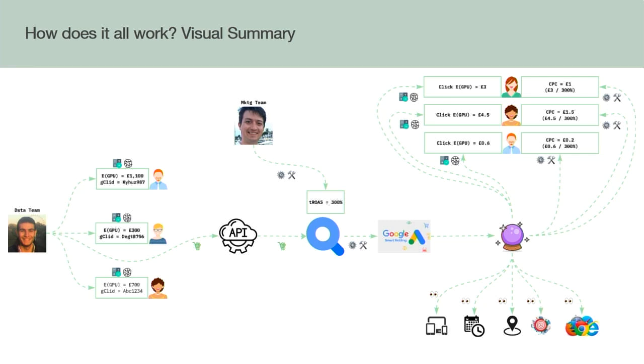Then when people are searching on Google for keywords that relate to the automotive industry, Google will calculate how valuable these customers would be if they were to convert, and the likelihood of them converting. Multiplying those two, Google calculates an expected value of that customer, and that's how they place their bids on our behalf. Basically, it's the expected value divided by the return on investment our marketing team wants for those customers.